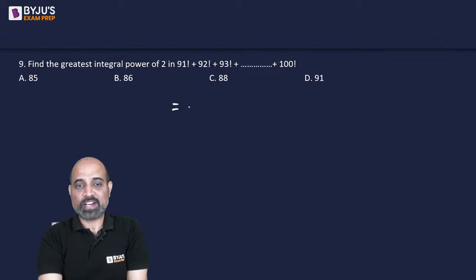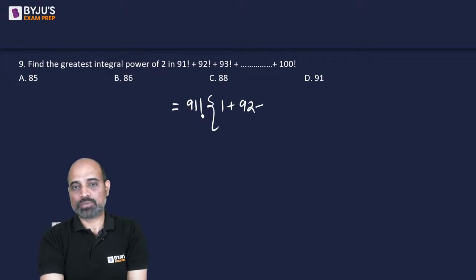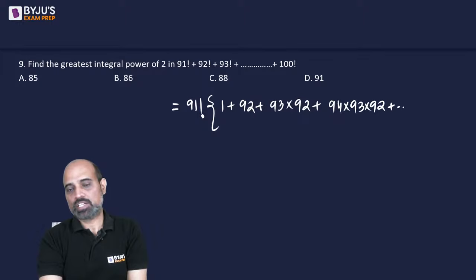So if I take 91 factorial outside, I will be left with 1 plus 92, plus 93 into 92, plus 94 into 93 into 92, and this will continue, and the last one is going to be a huge one, right? It will start with 100 and go up to the product down to 92.